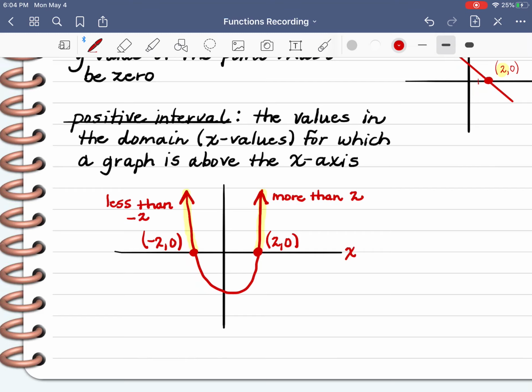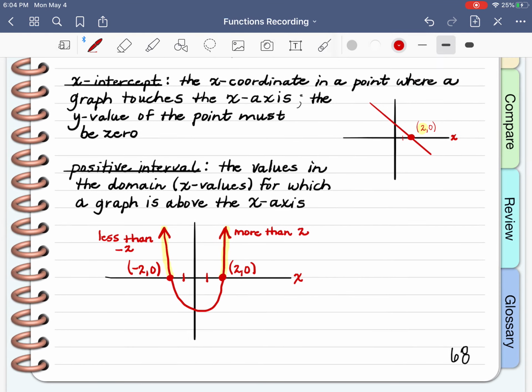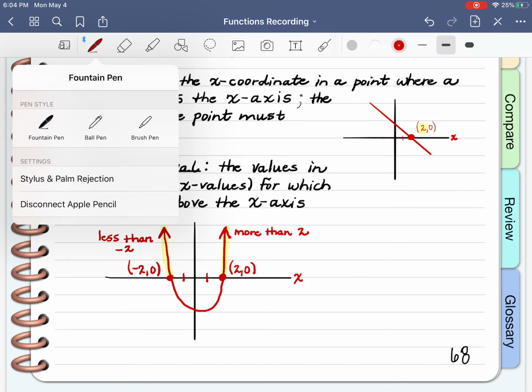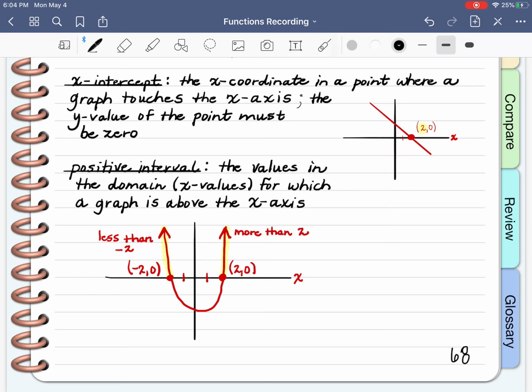Okay, we are not looking at the values in here just yet. We're looking at those where it is above the x-axis. So the positive interval in this case would be written like this. If you want to write it in proper math terms, you would say this: the positive interval, or the positive section, is when x's are bigger than 2 or when they're smaller than negative 2.